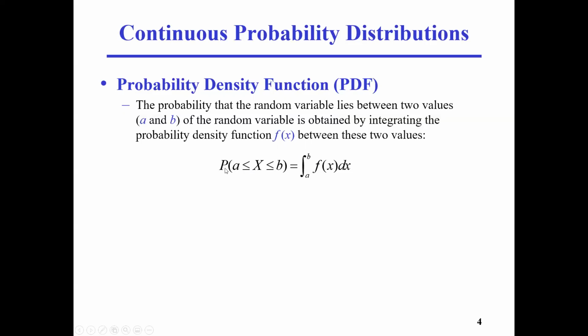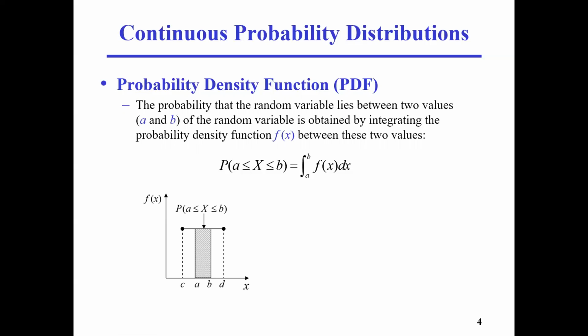So the probability of X being between A and B equals the integral of f(x) between A and B. In this class, you don't have to actually use a pen to calculate the integral of f(x) between A and B. We use a graph because calculus has a very clear geometric meaning in mathematics.